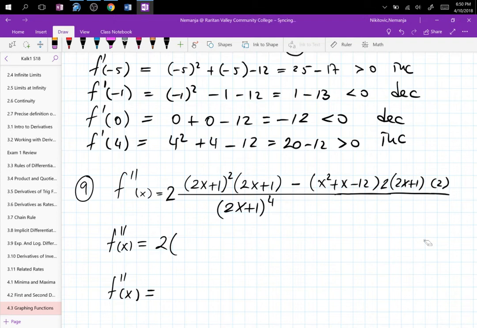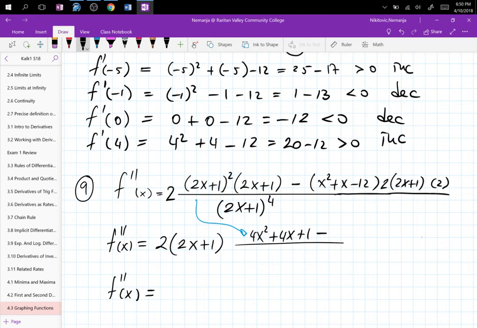I didn't like it. All right, so what can I kick out? I can kick out only one of these 2x plus 1s. And what's left is when I square this one, I get 4x squared plus 4x plus 1 minus, this is out, 4x squared minus 4x, and then minus, and the minus gives me a plus 48.